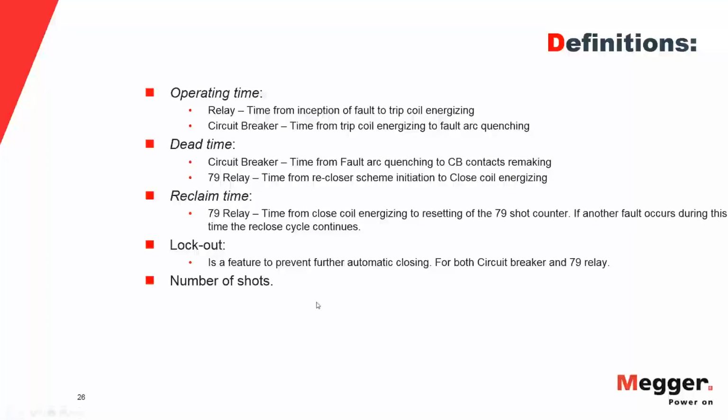Now, the number of shots is how many shots you are going to allow that recloser to have. The typical number of shots is 4. In some applications, you have 1 shot. Also, when you're talking about the number of shots, you have to talk about how fast you want those shots to happen.